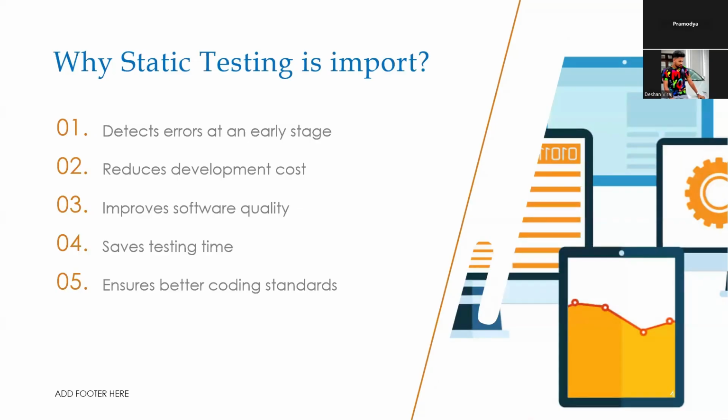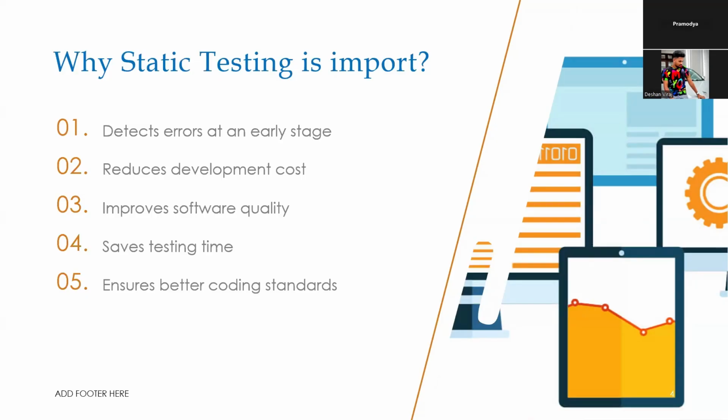Detects errors early means static testing helps identify mistakes during development before the software is executed. Reduce development cost means fixing errors early is cheaper than fixing them after release.